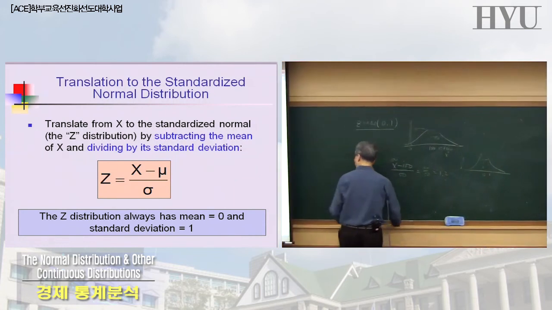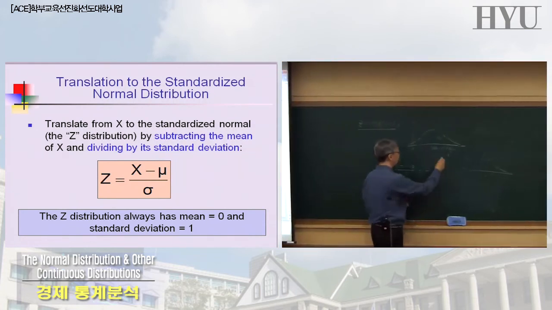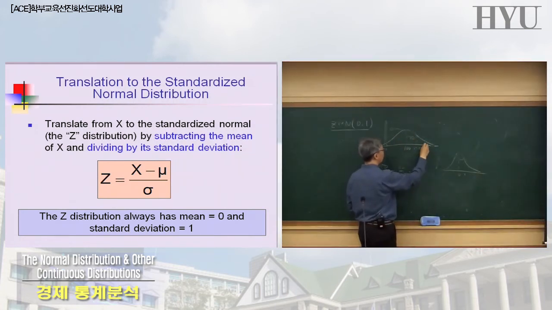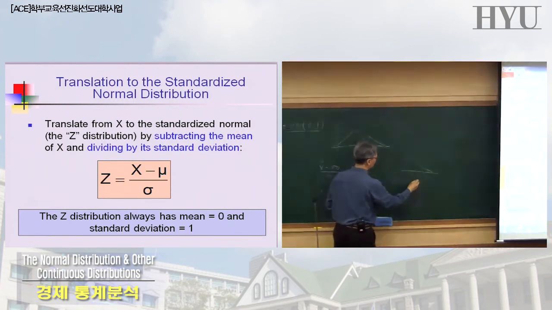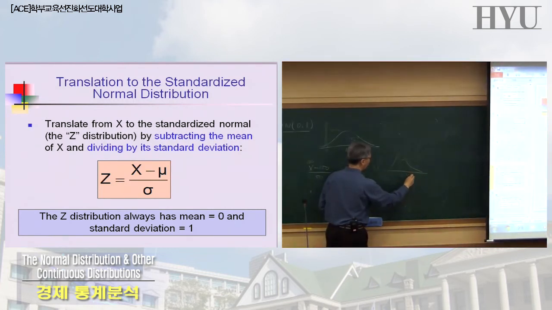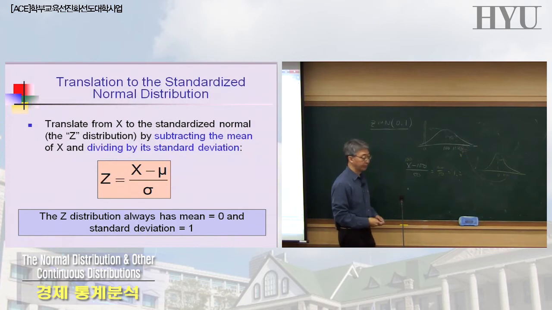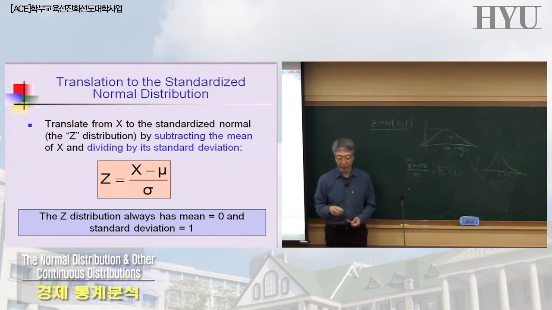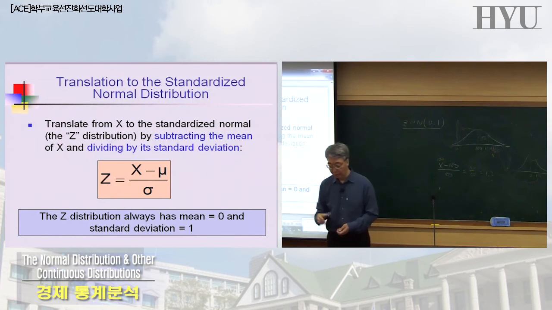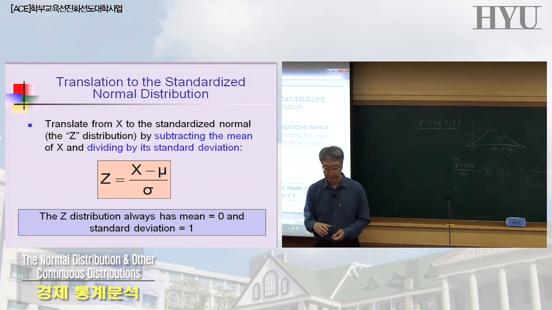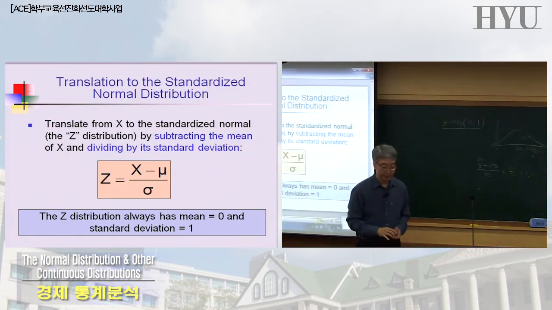Then this particular value, 160, in this distribution comes to about 1.2, okay? 1.2 in the standard normal distribution. That's the idea of translation of normal into standard normal. Okay? Does it make sense? Okay. Again, why do we do that? Well, I'll tell you in a few minutes. Yeah?